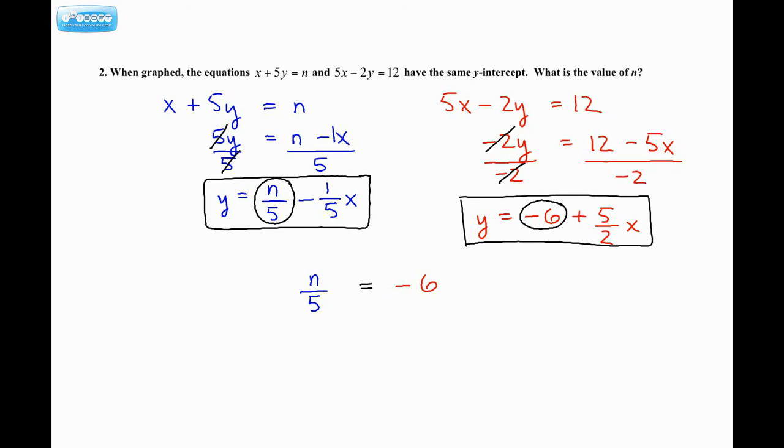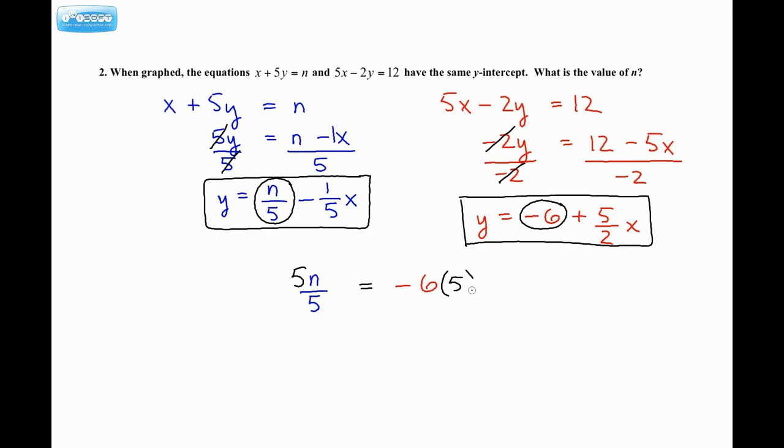So this is a very simple equation. All I have to do is solve for n. It's being divided by 5 right now, so all I have to do is multiply both sides by 5. I can put it out in front here in the middle. Do not put it on the bottom, then you're dividing again. So I'm just going to multiply that top by 5, and I'm going to multiply -6 times 5.